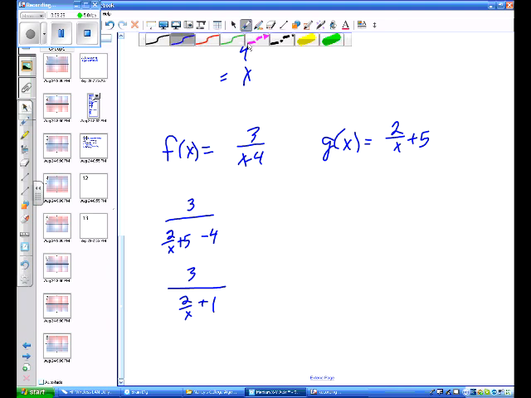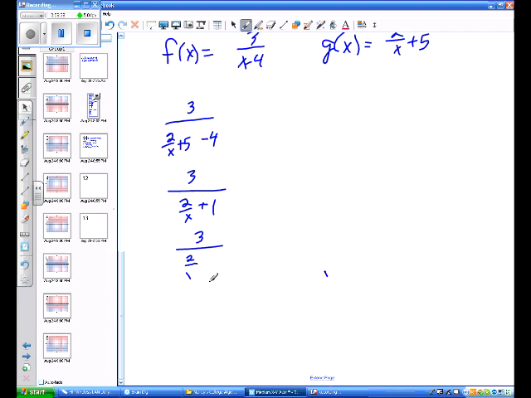So that's going to give me 3 over (2 over x plus x over x), which would be 3 divided by (2 plus x) over x.